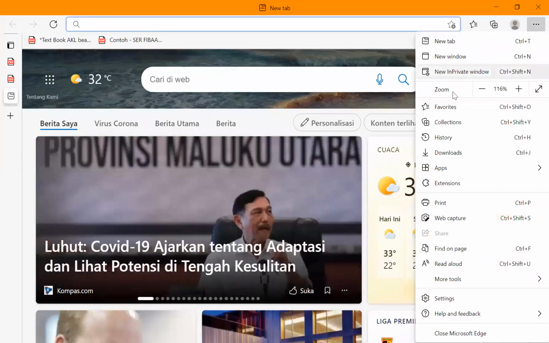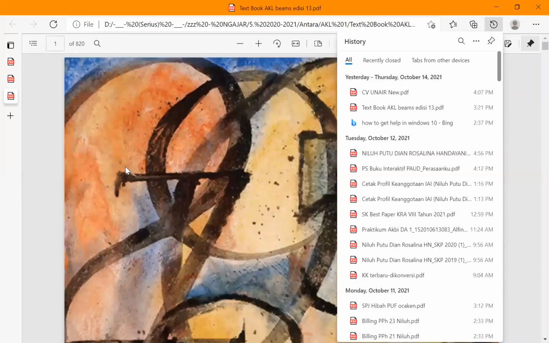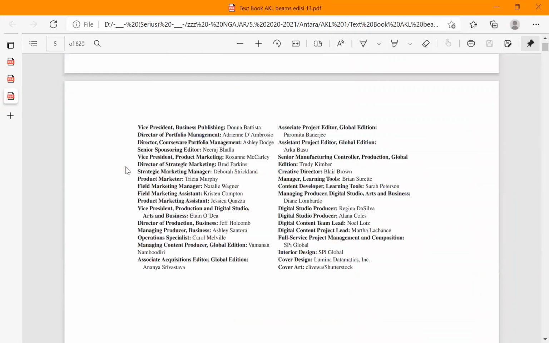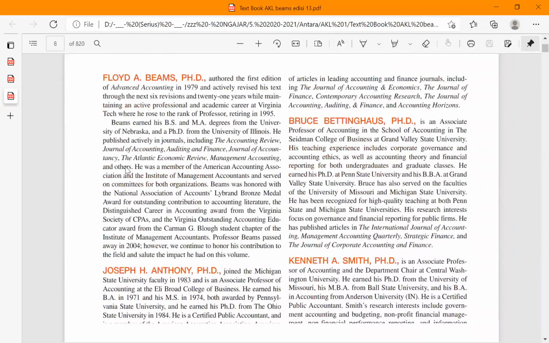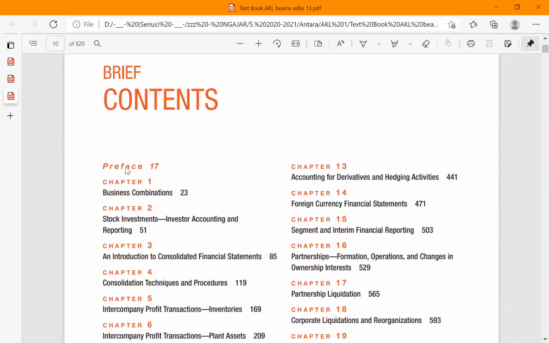You know that this subject, Advanced Accounting, is really a kind of sequence subject. You will not understand a specific chapter before you comprehensively understand the previous chapter.